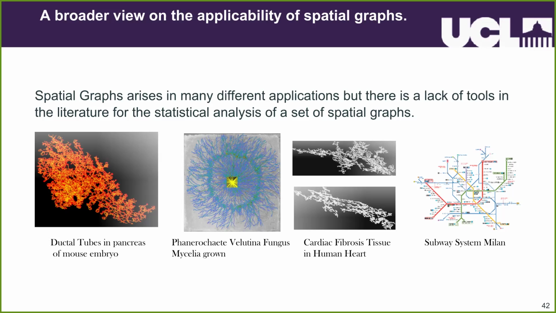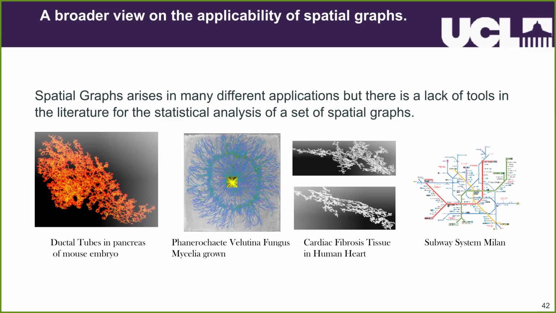And these objects are really in between abstract network analysis and shape graphs. So there is really room for methodological development of tools for these data objects, because you really need to borrow from both shape analysis and network analysis. So we're working on many different projects to develop tools for this data object.